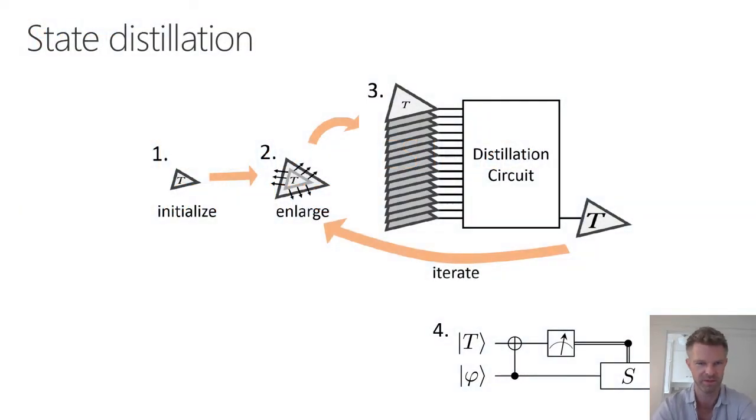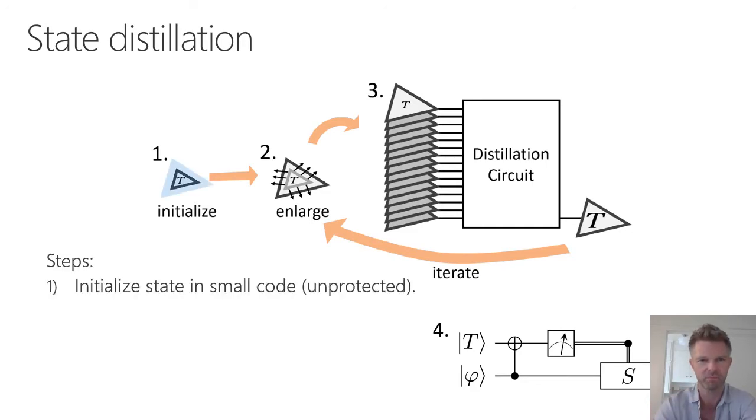Well, we do it with distillation, as I mentioned before, and this is a very clever idea where you actually start with some small unprotected T state, which can be produced but is going to be very noisy, and then you expand this from being in a very small encoded qubit to a larger one.